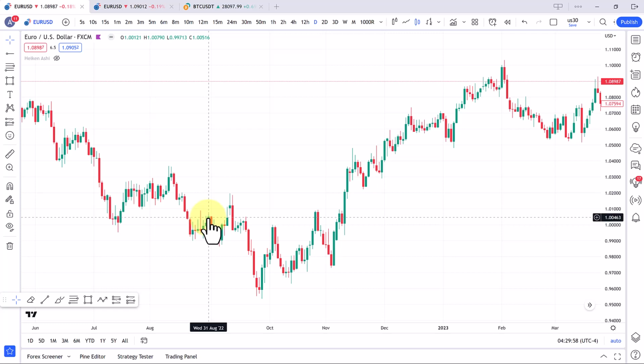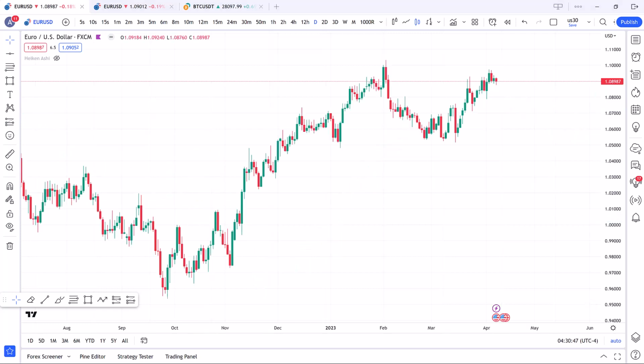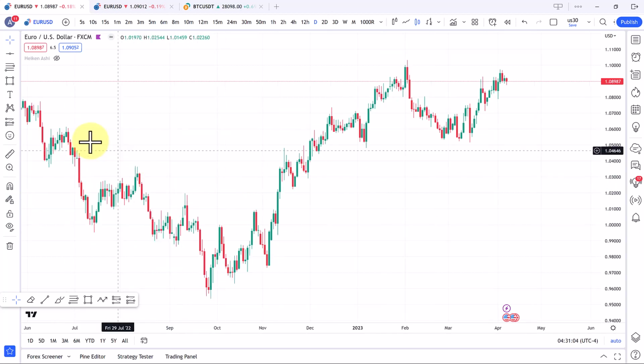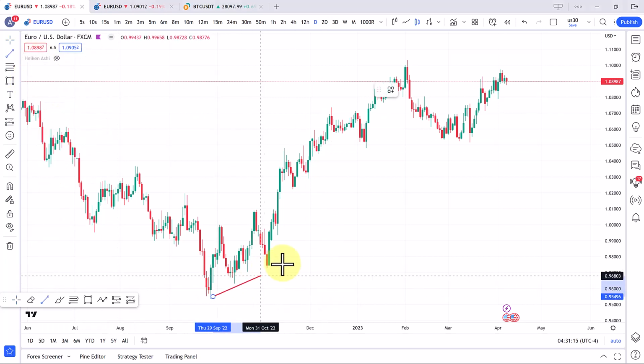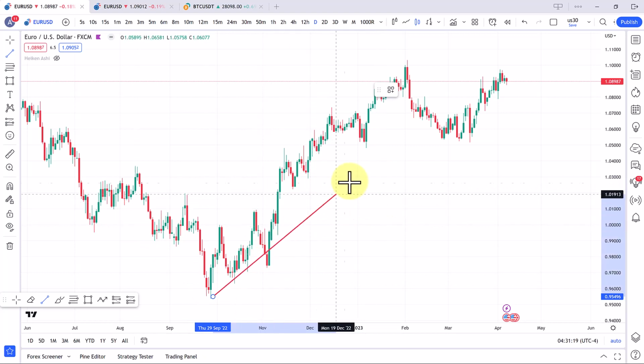we can't see any of those easily. Another important advantage of a line chart is that drawing dynamic lines, for example, trend lines, is much easier on line charts than on other kinds of charts. If I want to show you that, you can see that it is a little bit hard to see these kinds of reactions.